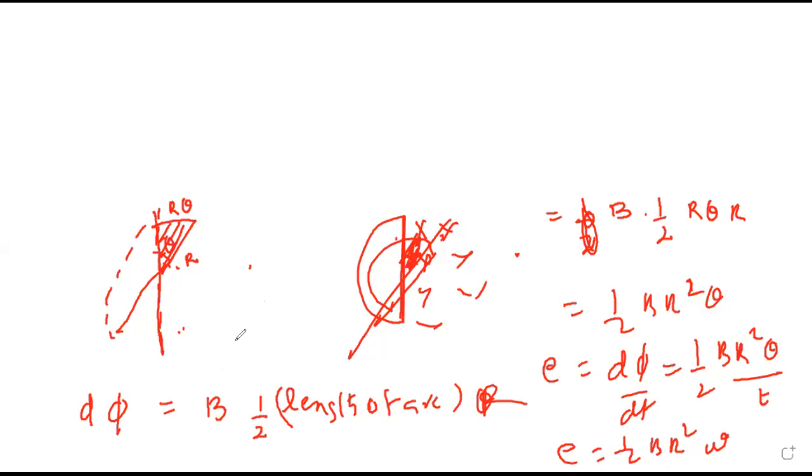EMF induced is half B R square omega at any instant. Current I is induced EMF upon resistance. So it will be half B R square omega upon r.